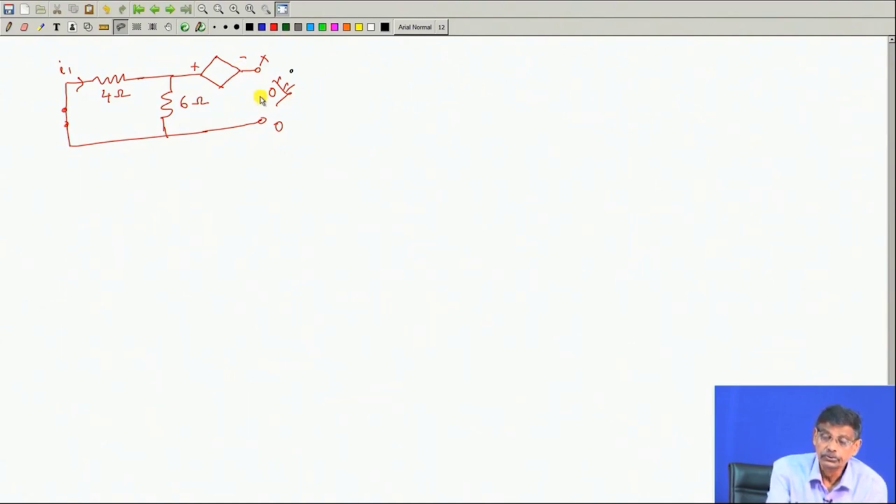So, what you do? You connect an external source here, sorry. You connect any external source, either voltage or current source. For example, you decide that you will connect a current source or voltage source? Current source. Suppose you connect a 1 ampere current source.